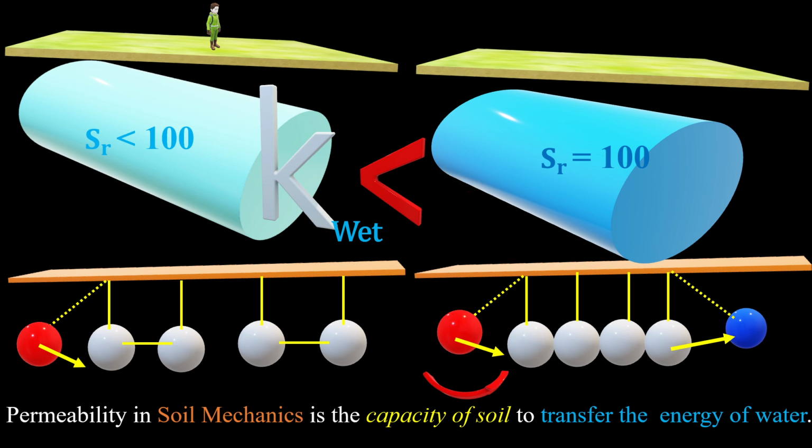So that's why the permeability of saturated soil in terms of soil mechanics is higher than the permeability of a wet or dry soil. That's the difference between the nature of the permeability concept in hydrology versus soil mechanics.